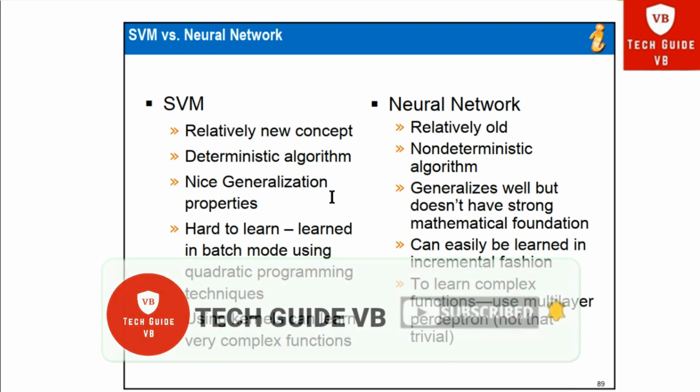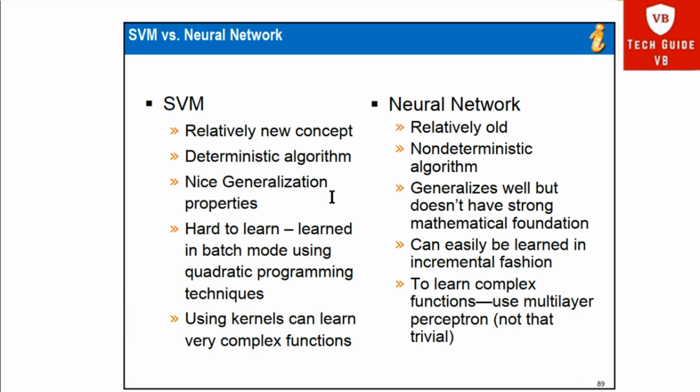Then the third difference is SVM has nice generalization properties and a mathematical foundation, while neural network generalizes well but doesn't have a strong mathematical foundation.